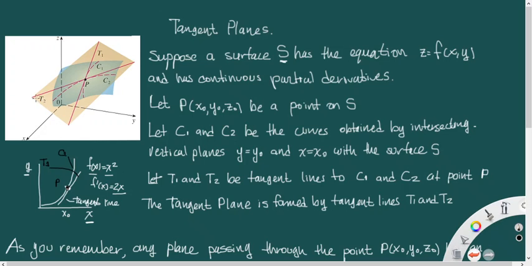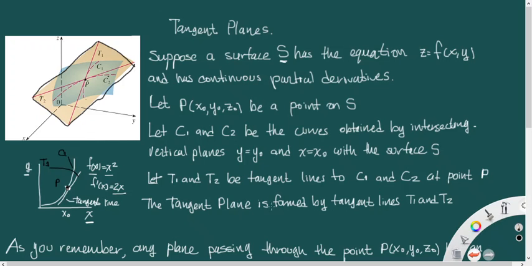If we draw a plane over these T1, T2 lines, because T1 is tangent to C1 and T2 is tangent to C2, then all the plane that we can form or construct with these two lines is tangent to the surface at point P. Okay?